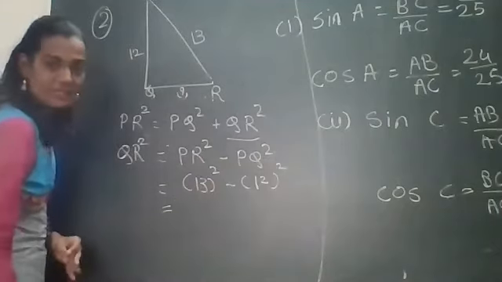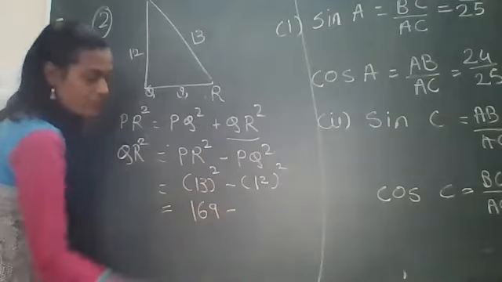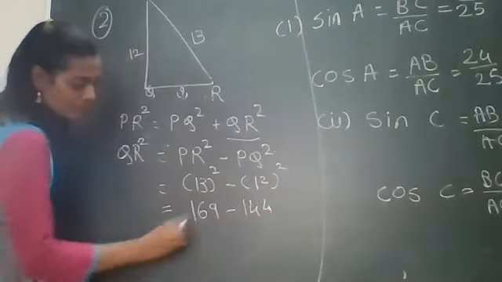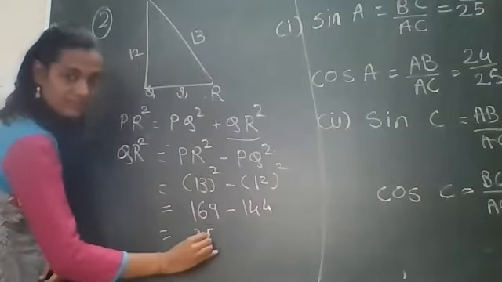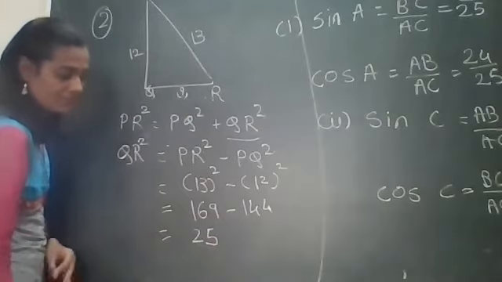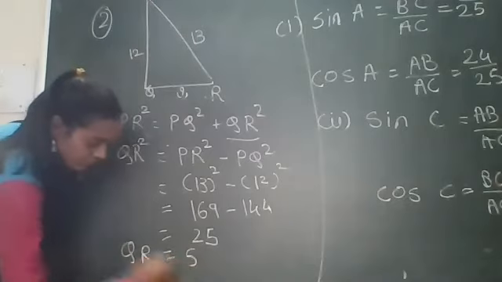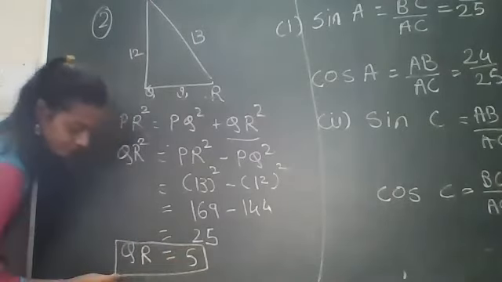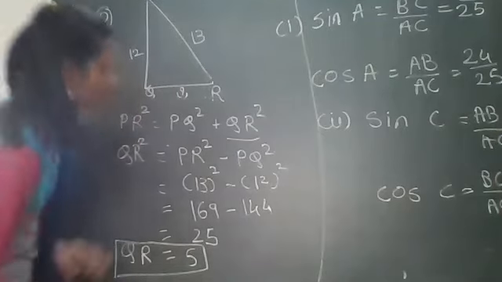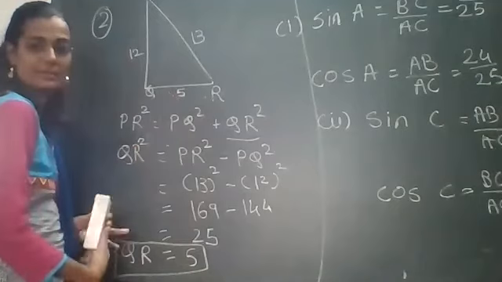The square of 13 is 169, and the square of 12 is 144. The answer will be 25. So we can say that QR is equal to 5.